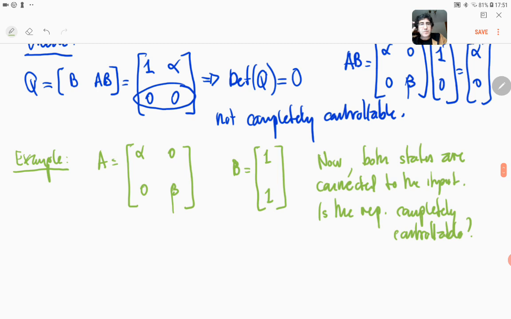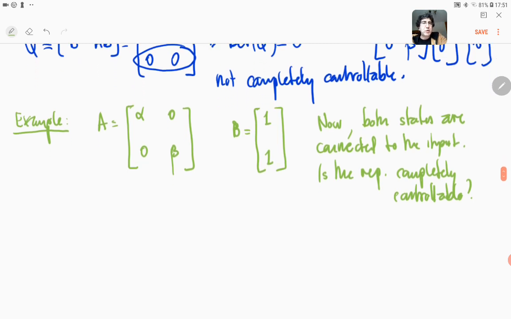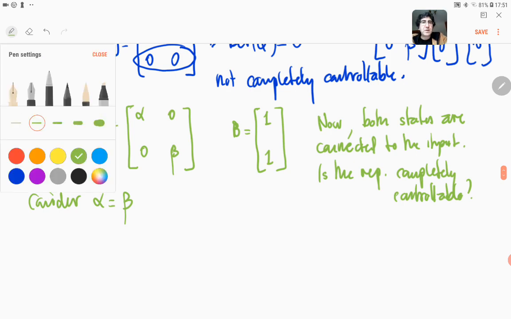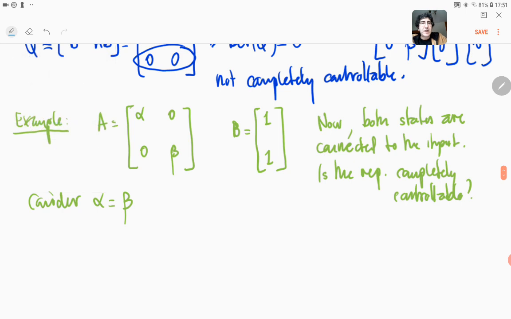Now let's first consider alpha equal to beta. So both states have the same behavior. Let's write down again the state equations. I will have x1 dot equals alpha times x1 plus u, and x2 dot is equal to beta times x2 plus u.